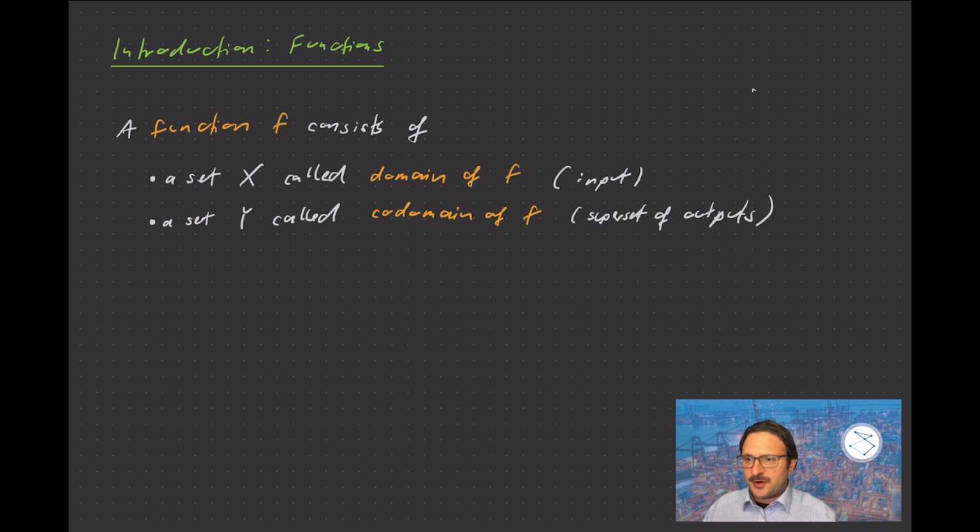And then the most important part, of course, is a function takes one possible input value and transforms it to some possible output value. So there has to be some function value for each possible input x. How this is computed is a completely different question. You could just enumerate all possible function values.